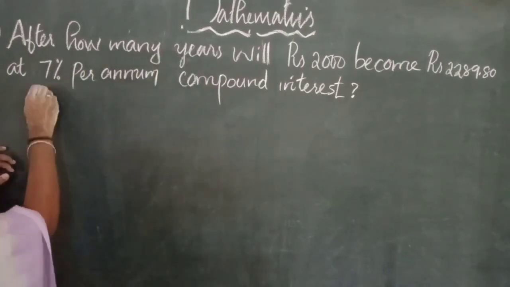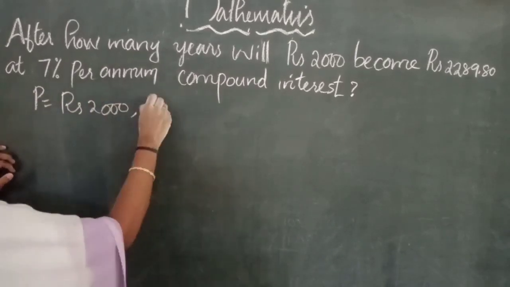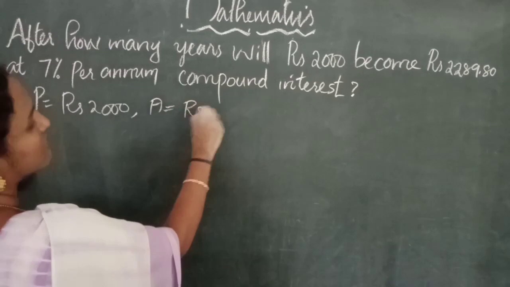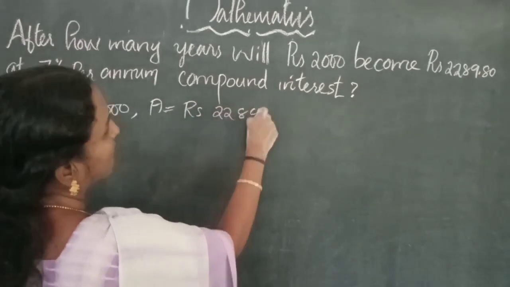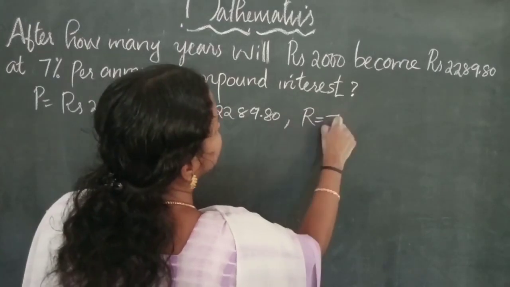So P is equal to rupees 2000 and A is equal to rupees 2289.80. Then R is equal to 7%.